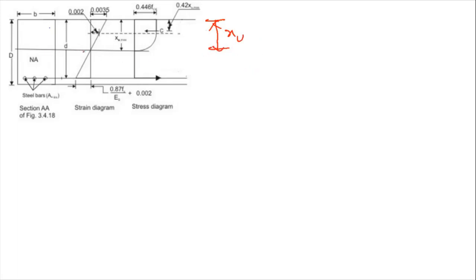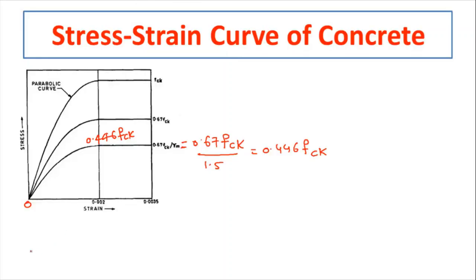At the neutral axis, strain is how much? 0. At the extreme compression fiber, strain is how much? 0.0035. Then what is the distance between them? XU. Here the strain is 0 and here the strain is 0.0035, so the total distance will be XU.